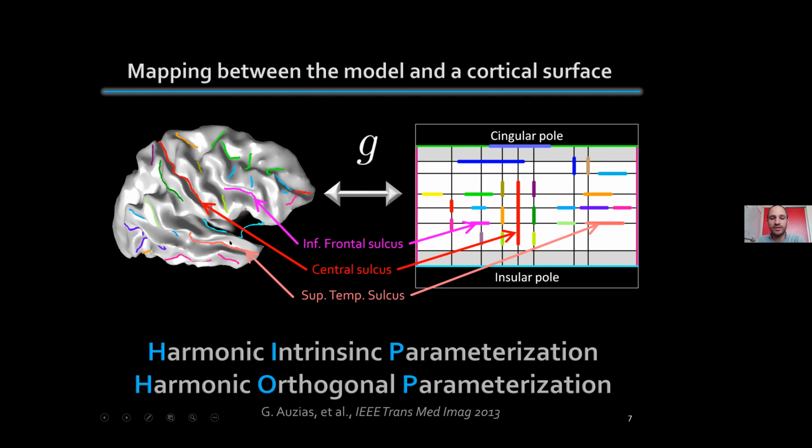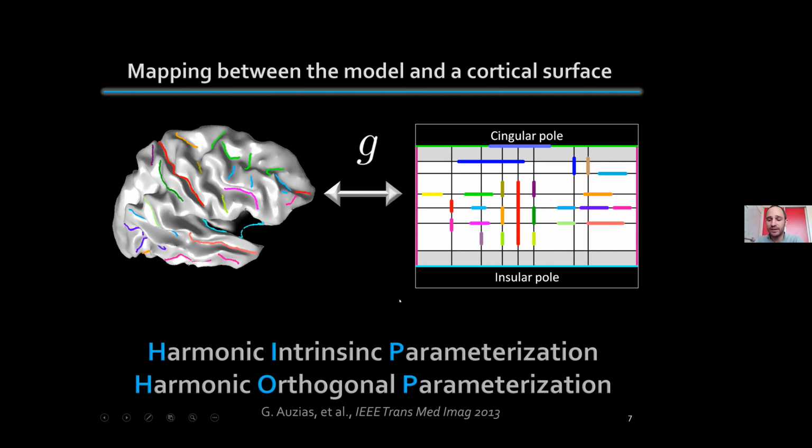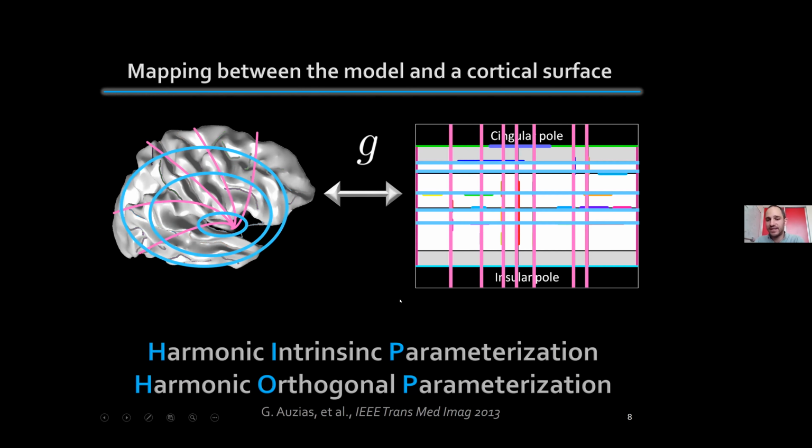So we have a set of landmarks, and we can build a model where these landmarks are organized. If we are able to do that, then we will have defined a set of latitude and longitude. So if we do this mapping, we will have defined implicitly a parameterization of the brain.